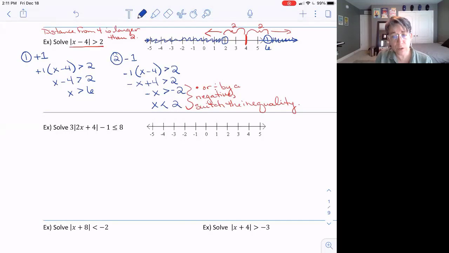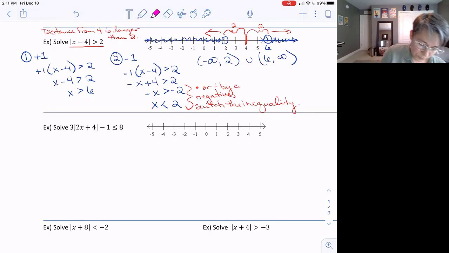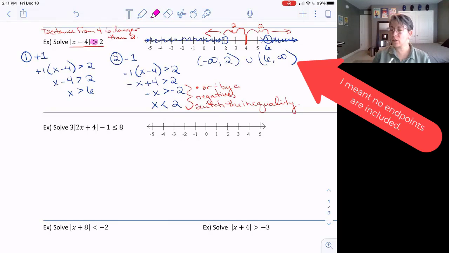For the left interval, we're going from -infinity to 2, union, and then we pick it back up from 6 to infinity. Remember, since our inequality is strictly greater than, there's no or equal to, so nothing's included.